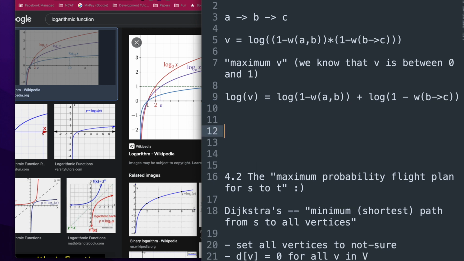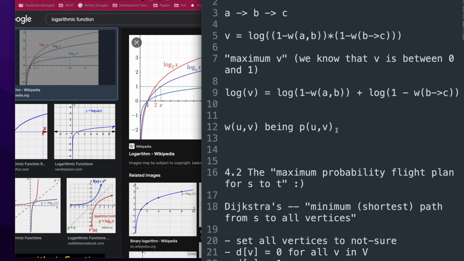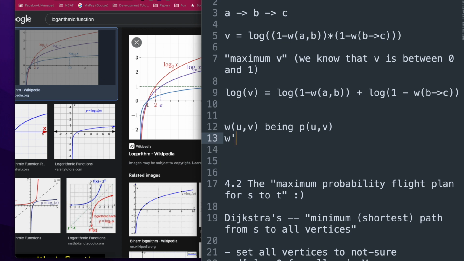So intuitively, instead of the weight from U to V being the probability PUV that it is canceled, which is what we had in the original algorithm, maybe I can make a new graph whose weights are given by the negative log of 1 minus the original weights. Why do I do this?